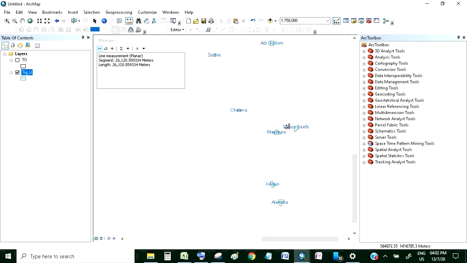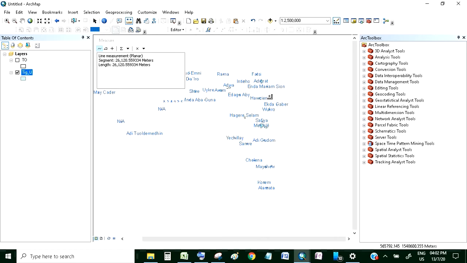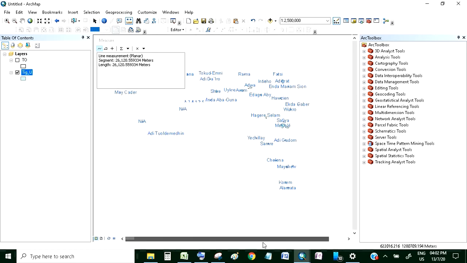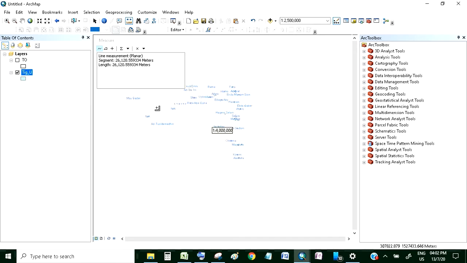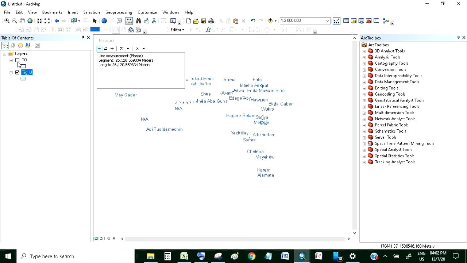So all these nearest distances will be divided by n, the number of settlements. So it will be the mean observed distance. And this mean observed distance will be divided by the expected distance.